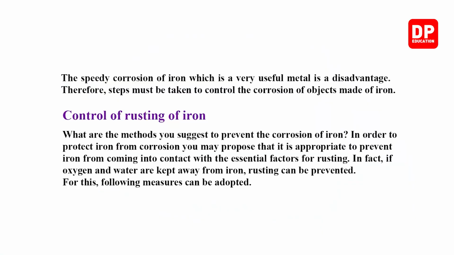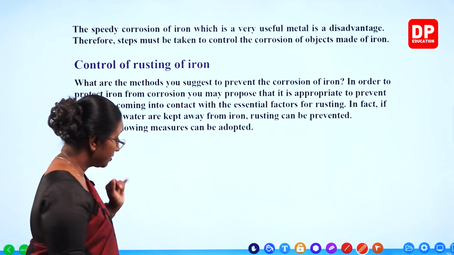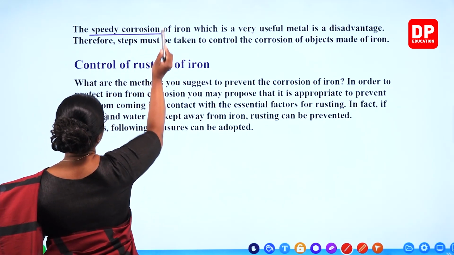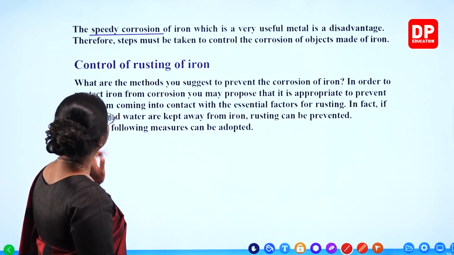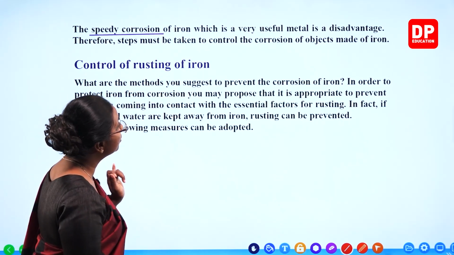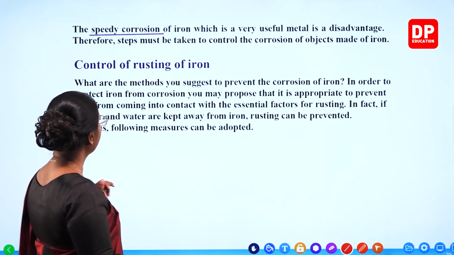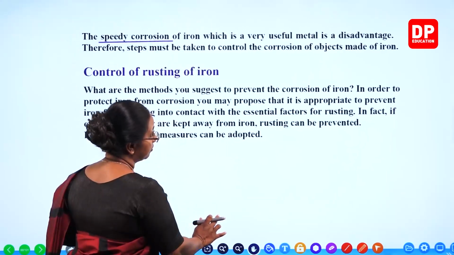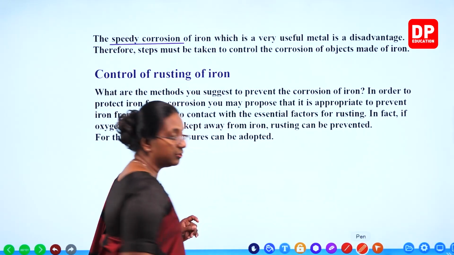If we look at the introduction, the speedy corrosion of iron, which is a very useful metal, is a disadvantage. This corrosion is a somewhat speedy process. Therefore, steps must be taken to control the corrosion of objects made of iron. If we want to control corrosion, what do we need to do?